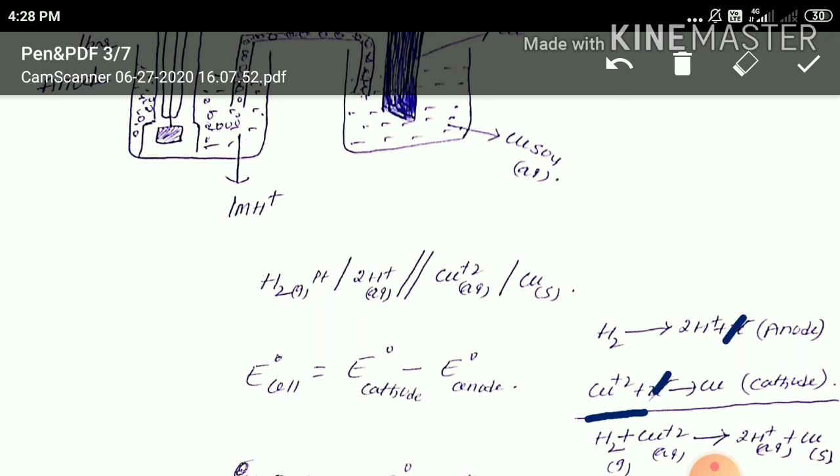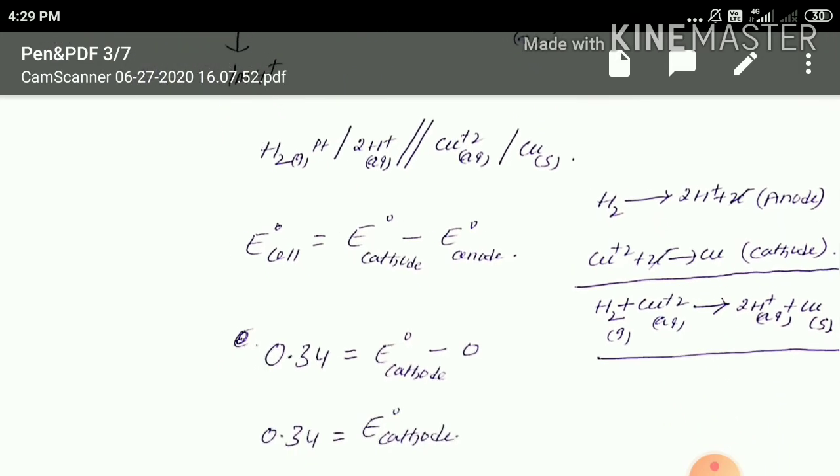Finally these two electrons cancel together. Finally the hydrogen and the Cu2+ ions present in the aqueous solution are converted into 2H plus and Cu. This is the overall cell reaction. Here, when both half cells are connected through an external wire and connected to the voltmeter, the voltmeter gives some reading that is equal to the EMF value of the cell.